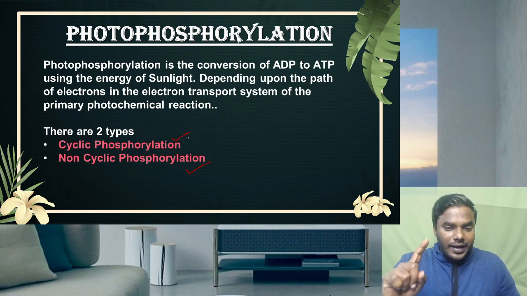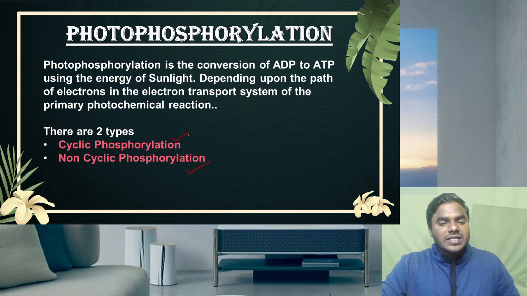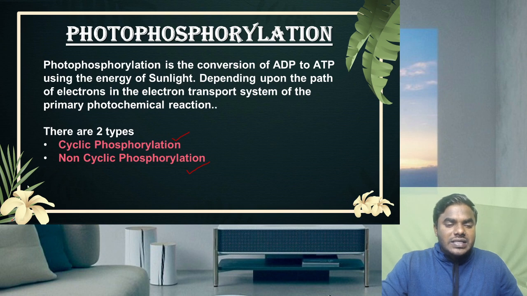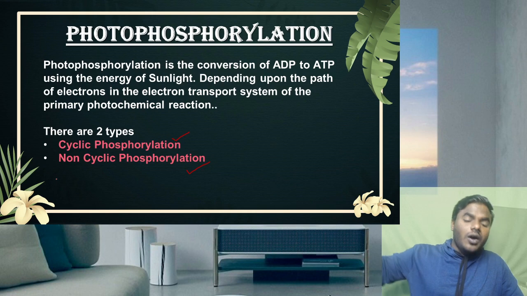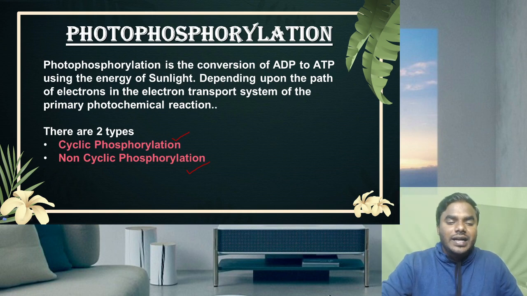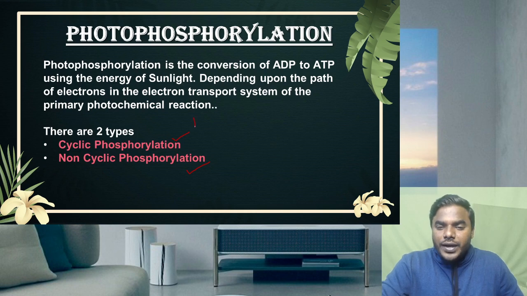Friends, I want you people to remember whatever points I am going to cover now. The name itself clearly indicates cyclic phosphorylation, which means the movement of electrons is completely in a cyclic manner. Unique point you people have to remember: it never takes place in the higher plants.